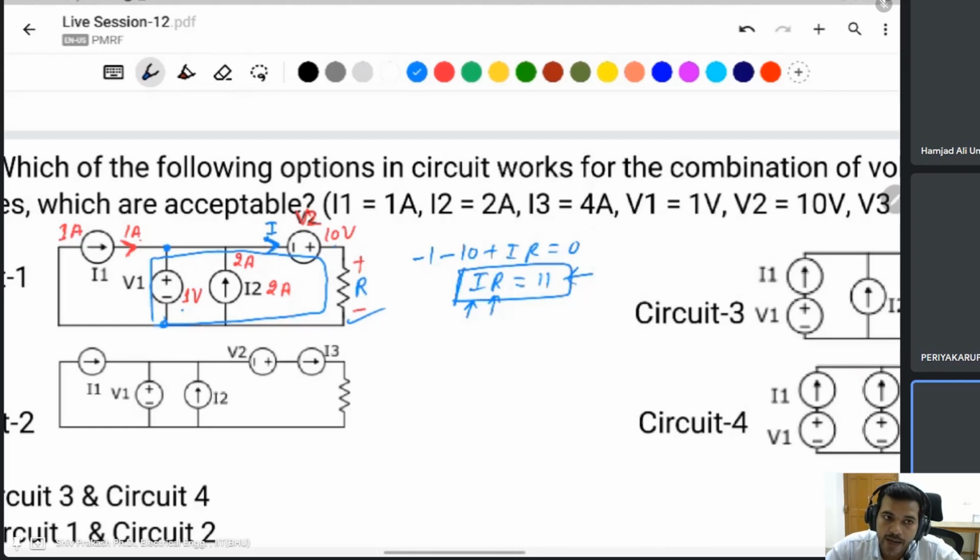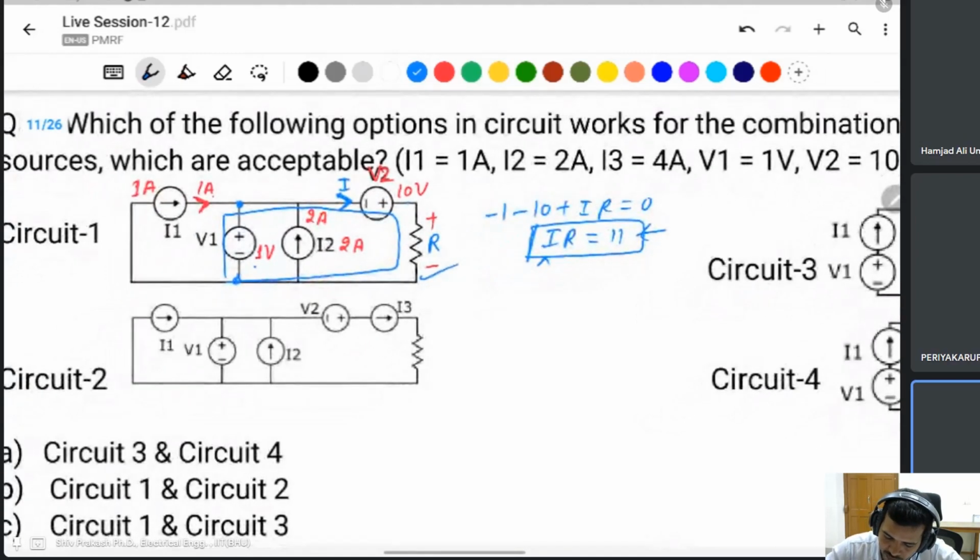If the branch does not carry any current, then this will be a 3 ampere current. But if it delivers some current, then this will be more than 3 also. It will be satisfied because the resistance is not given, and this branch current is also not given. Then this circuit will be valid.